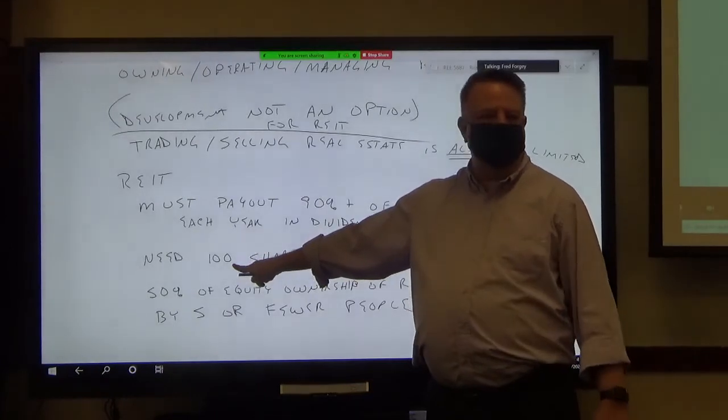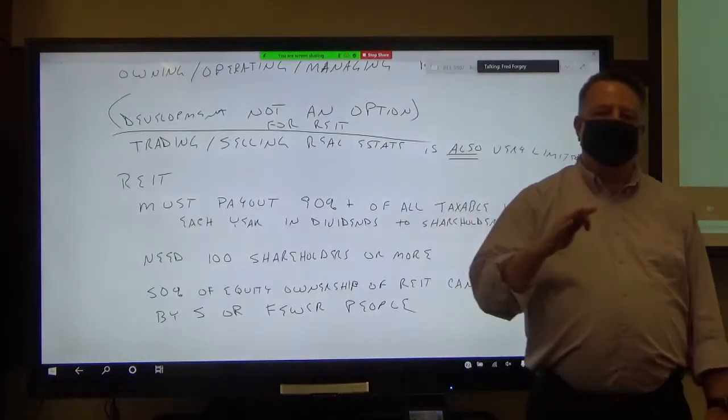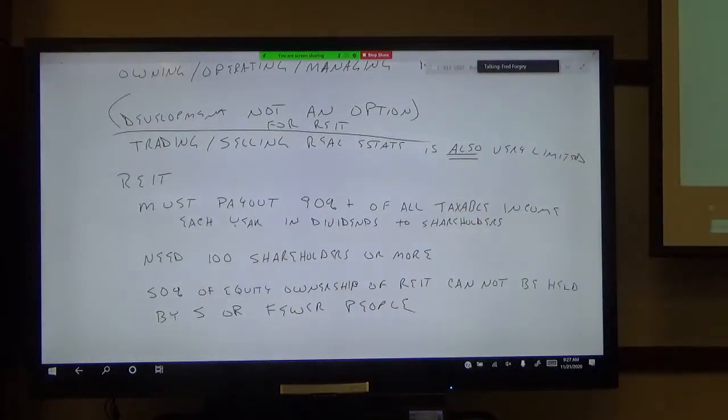Okay, but the point being is, keep in mind, we've got to have 100 shareholders. You've got to have 100 people for a real estate investment trust by law. Other trusts are different.